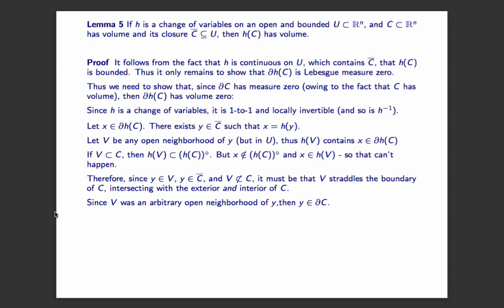Right? A boundary point of a set C must satisfy the property that every open neighborhood around it has a piece of the interior and a piece of the exterior.